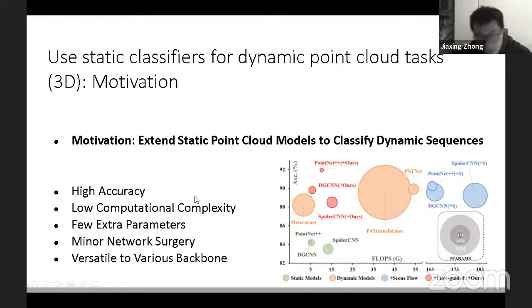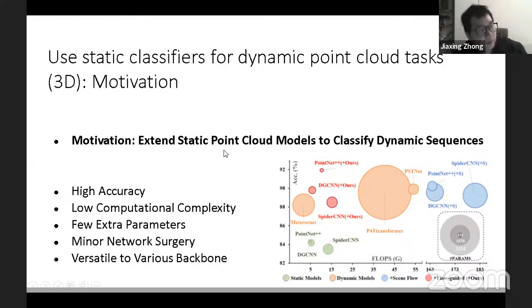Simultaneously, we can preserve all of the advantages of the static model, such as low computational complexity and few extra parameters.